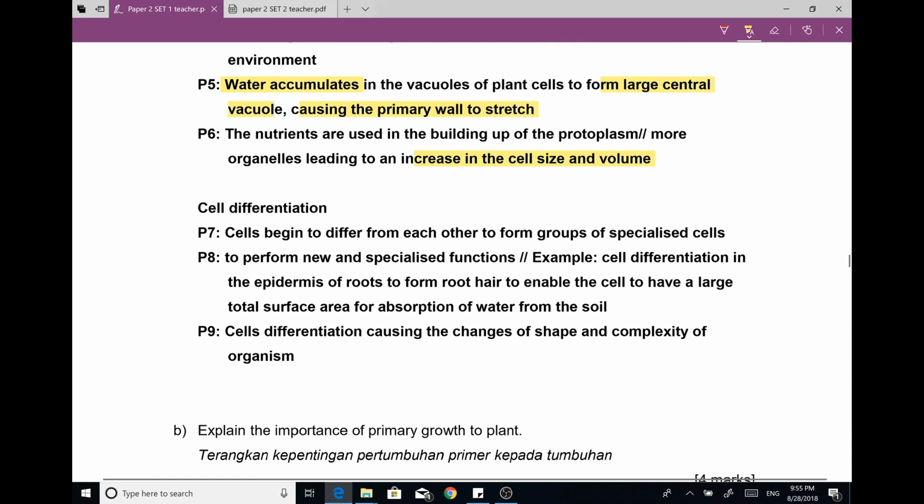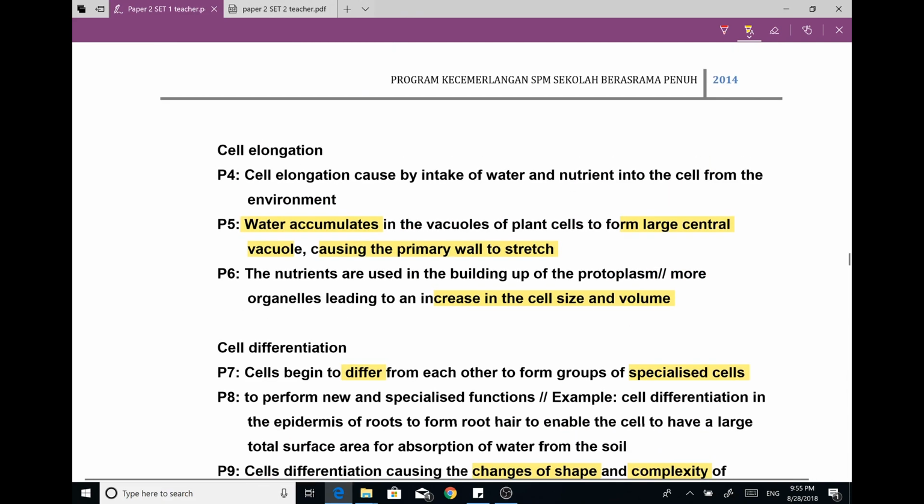Next, when the cells have achieved the maximum size, the cells then begin to differ to form specialized cells. How? By undergoing cell differentiation, the change in shape and function.